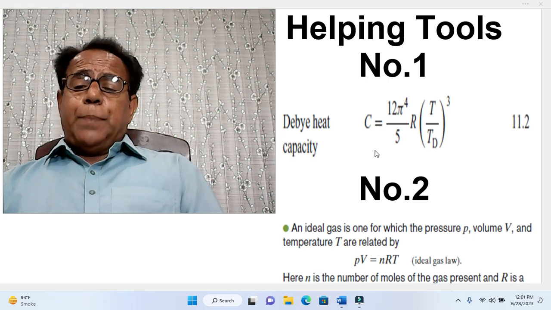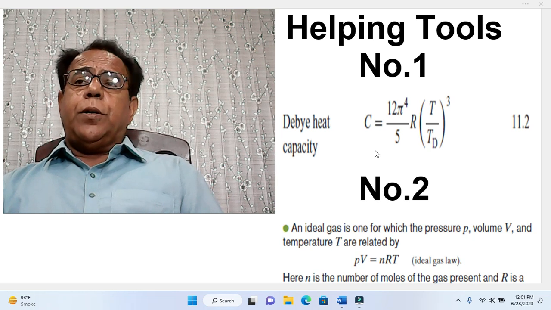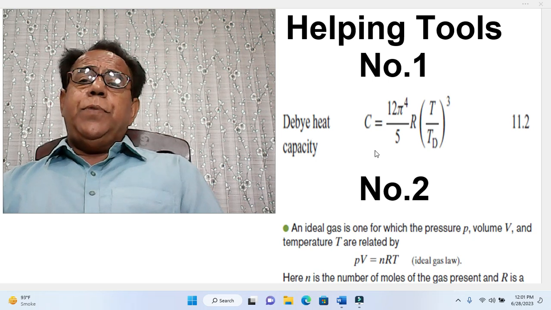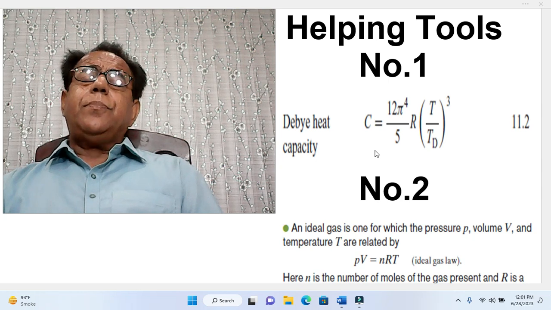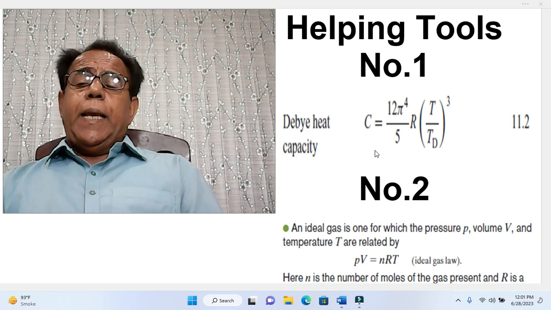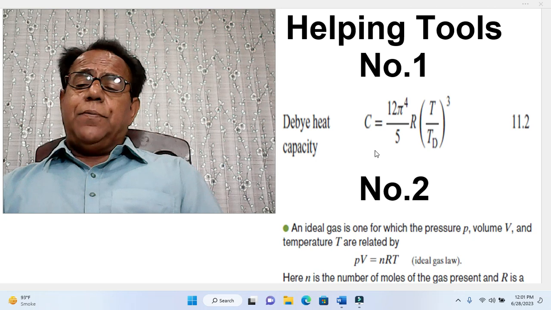This snapshot has been chosen from the book Modern Physics by Kenneth S. Crane at the end of chapter 11, in which a summary of the chapter is usually given at the end of each chapter, and this 11.2 shows that this is the second topic of the 11th chapter.